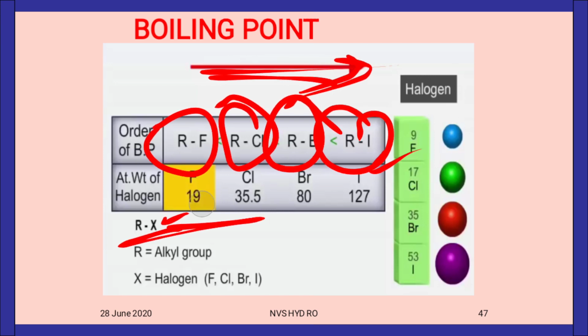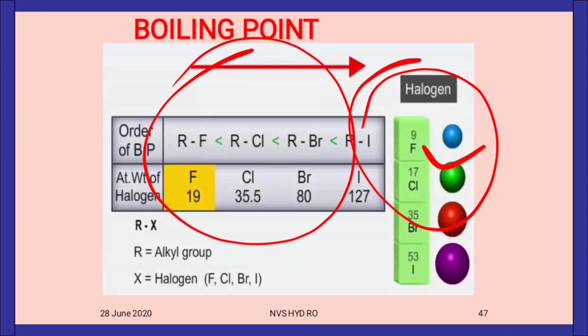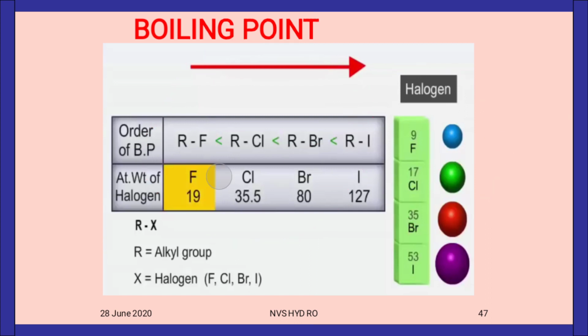This is basically the atomic number. तो आपको ये भी पता होना चाहिए, अगर atomic number बढ़ेगा तो boiling point भी बढ़ेगा, because atoms उतने ही बड़े होंगे, van der Waals interaction उतनी ही बढ़ेगी, boiling point उतना ही बढ़ेगा. ठीक है, मैंने आपको अभी चुटकी में recapitulate करवा दिया है.